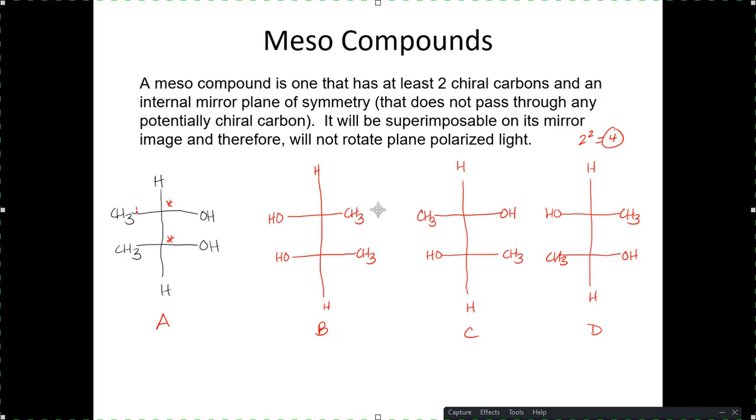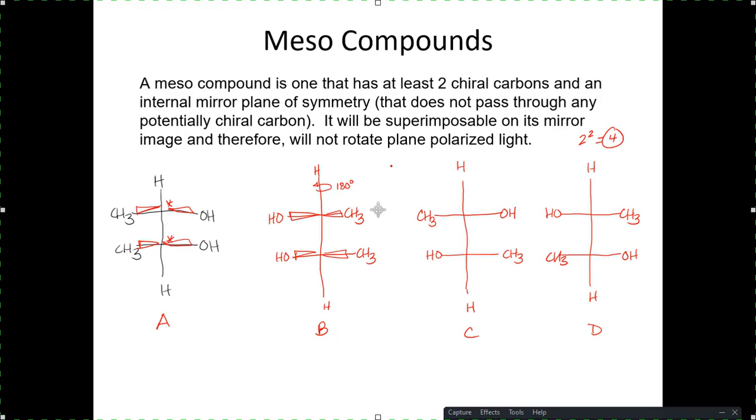Now remember, in a Fischer projection, we have the bold wedges. And what we could not do is superimpose the last set of molecules by simply taking this molecule and rotating it 180 degrees.